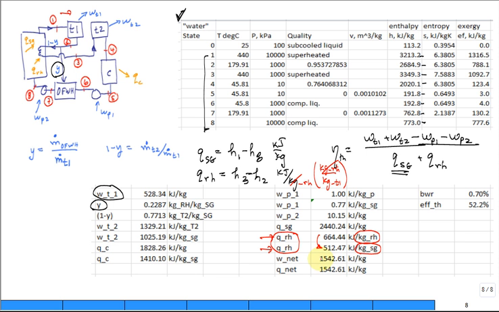What you did was you multiplied by this ratio right here, which is 1 minus y. And the same goes for over here for the condenser. You want the heat released out of the condenser per kilogram that goes into the first turbine stage, not per kilogram that goes through the condenser. You just multiply by 1 minus y.